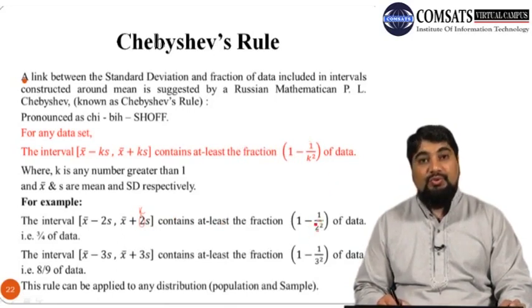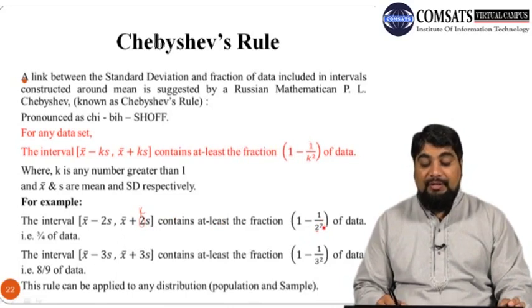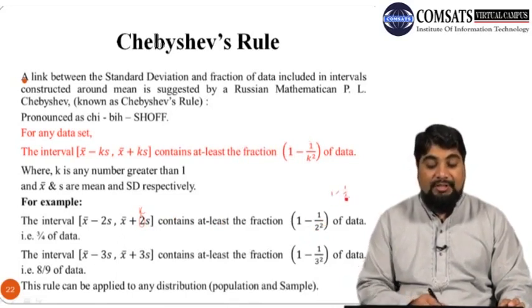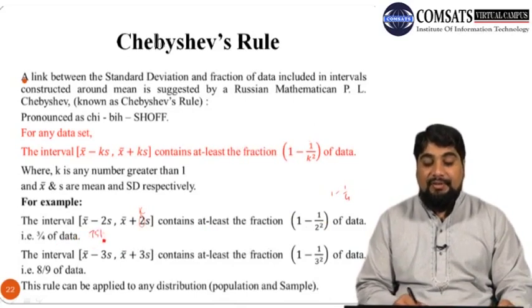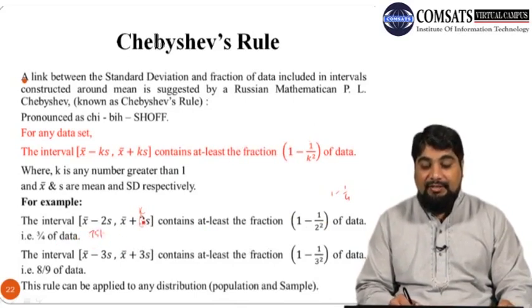So 1 minus 1 over 2 square, and 2 square is 4. So 1 minus 1 by 4 means 3 by 4 of the data. So 3 by 4 means 75% of the data.